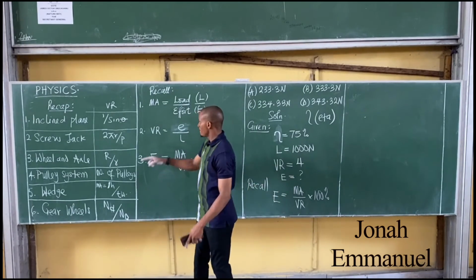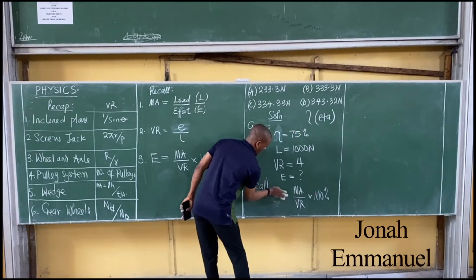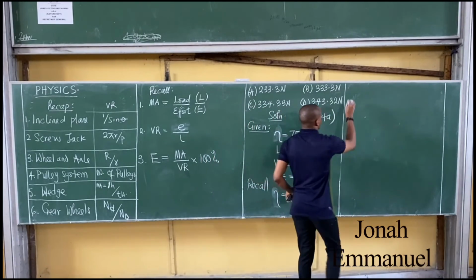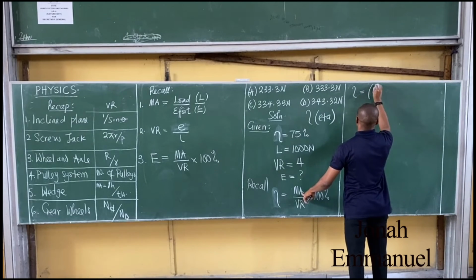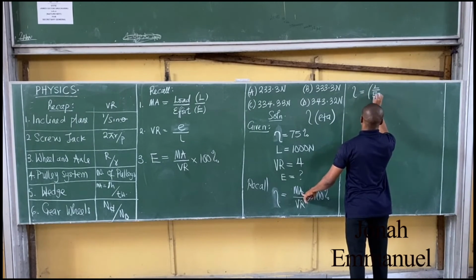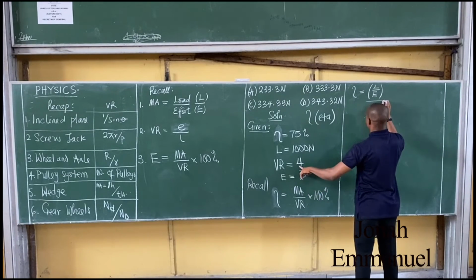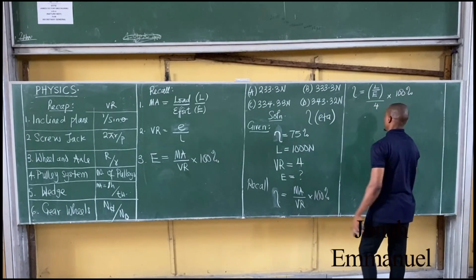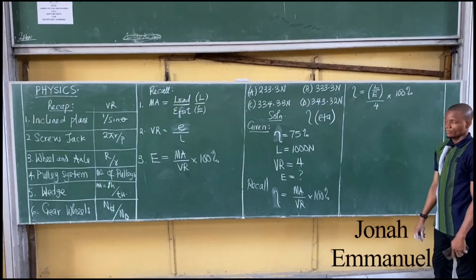So eta, the efficiency, is equal to mechanical advantage, which is load over effort, all over VR, that's 4, times 100%.